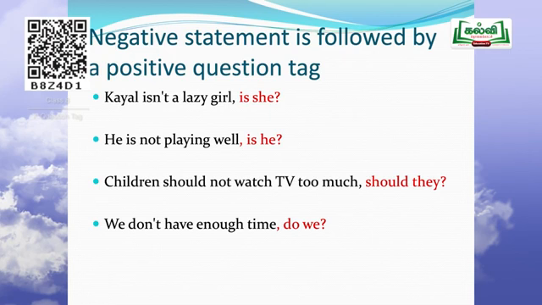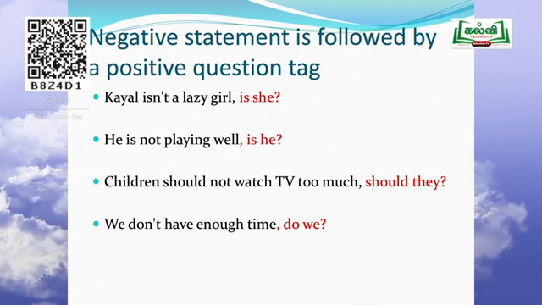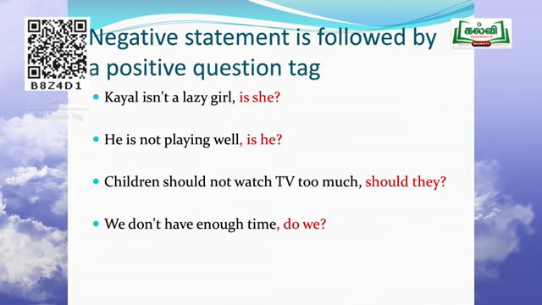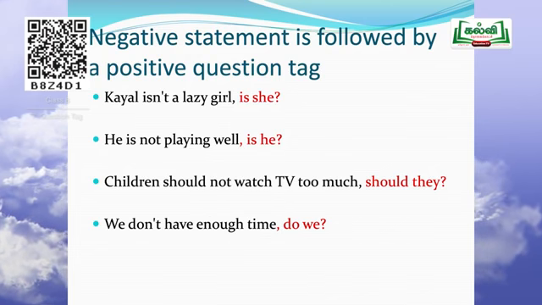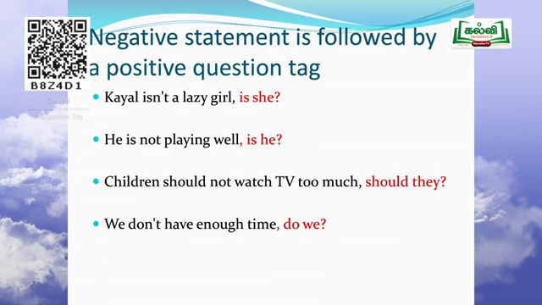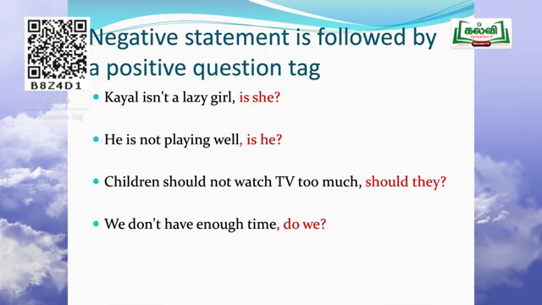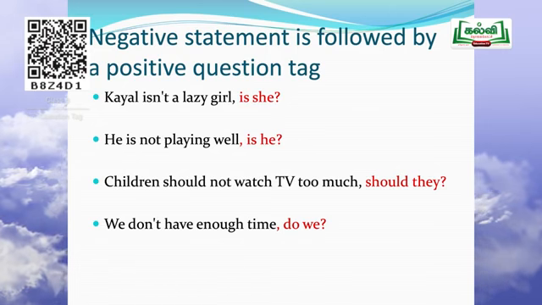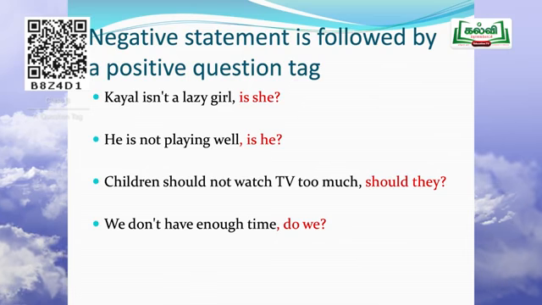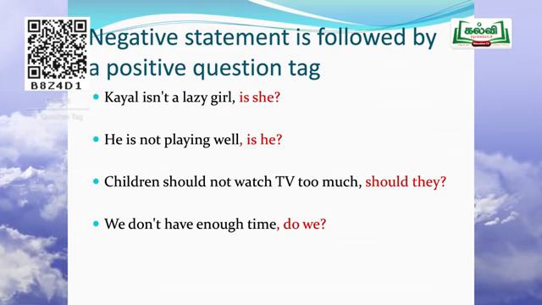We don't have enough time, do we? Is she, is he, should they, do we are the question tags. See, here all the examples are negative statements, so we use the positive tag. Don't forget that.